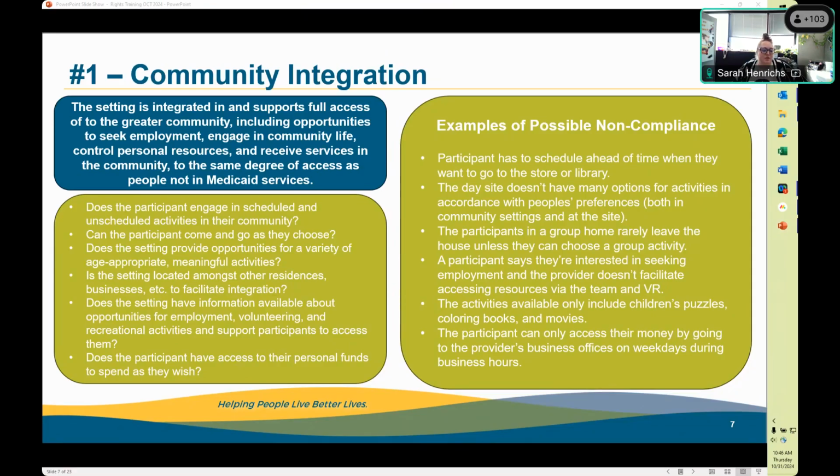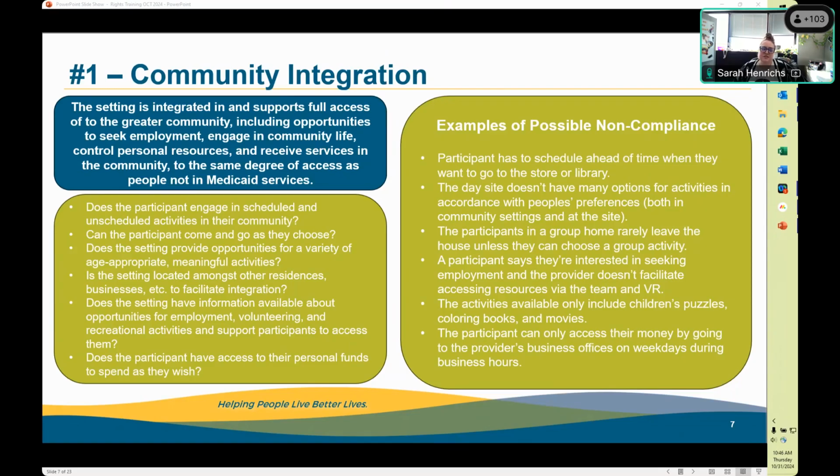But when I used to work for CSN many moons ago, I was a DSP in a group home back when I was in college, but I used to cover shifts at the day site sometimes over the summer. And they had a day site that was like this industrial building with big garage bays. And it was out in the middle of kind of an industrial area where there weren't other businesses, there wasn't foot traffic, there weren't other people around.